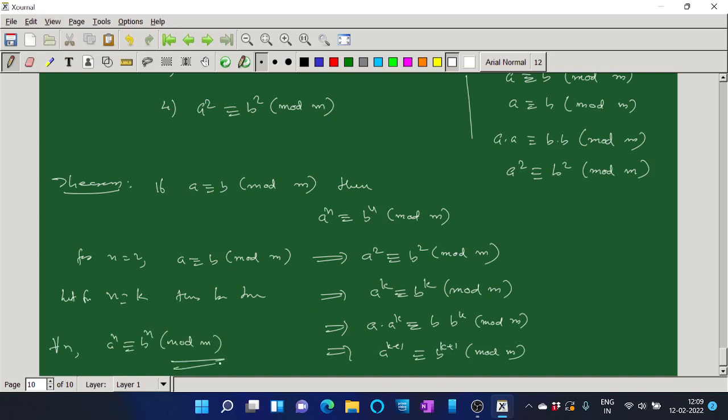So that is the proof of this. Using this, let us do a problem of finding the remainder when A raised n is divided by some number. For example, you take the problem like this.